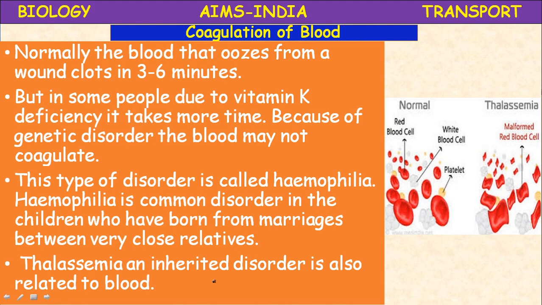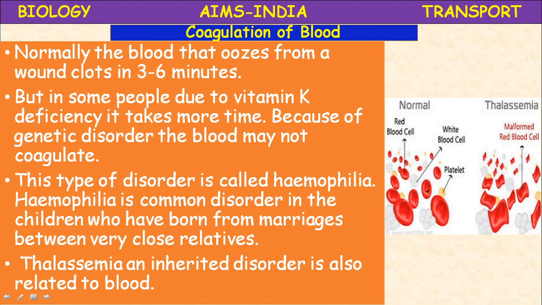You can see: thalassemia is a group of inherited blood disorders characterized by mild to severe anemia caused by hemoglobin deficiency in the red blood cells. In individuals with thalassemia, the production of the oxygen carrying blood pigment hemoglobin is abnormally low.